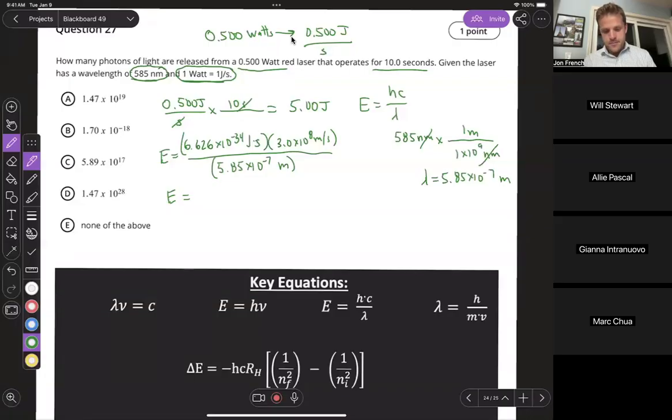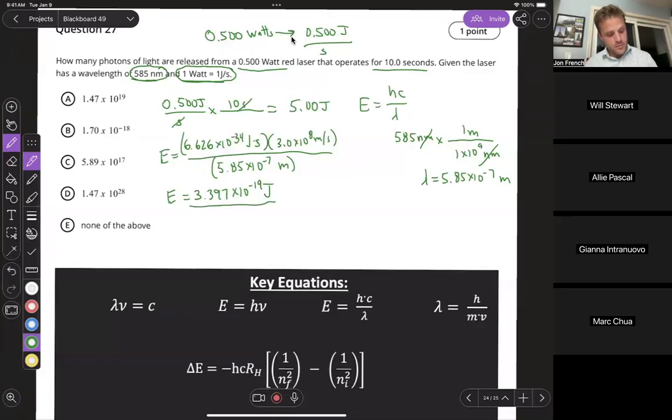All right. Multiply and then we divide by 5.85 times 10 to the minus 7. So I get the energy of 3.397 times 10 to the minus 19 joules. And this is joules for a single photon, right?